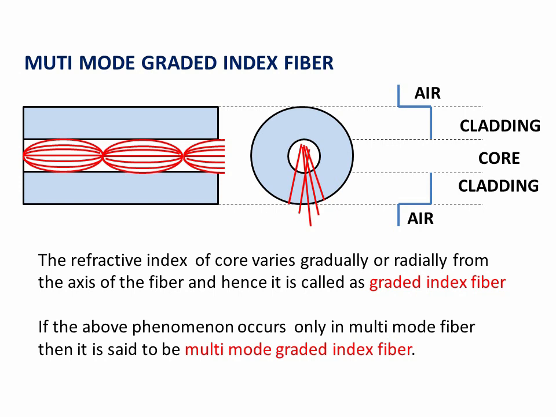So the refractive index of core is varied gradually or radially from the axis of the fiber. It is called graded index fiber. If the above phenomenon occurs only in multimode fiber, then it is said to be multimode graded index fiber.